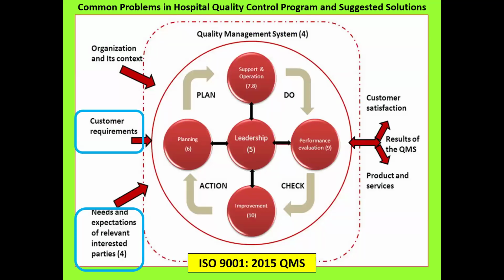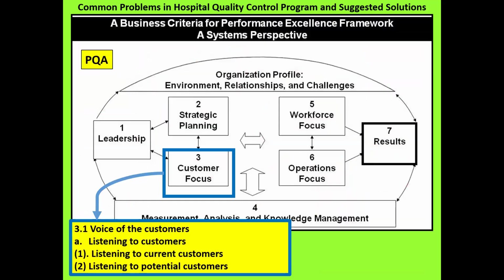In the ISO quality management system, the starting point is always the determination of the customer requirements, needs, and expectations of relevant interested parties. So in PQA, the customer focus requires the organization, the hospital, to determine the requirements, expectations, and preferences of the customers.